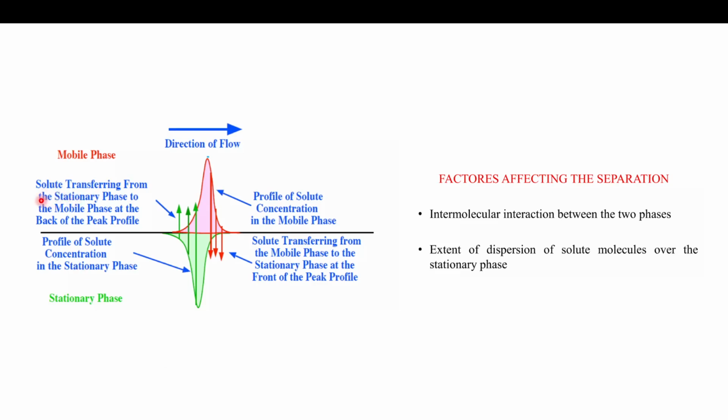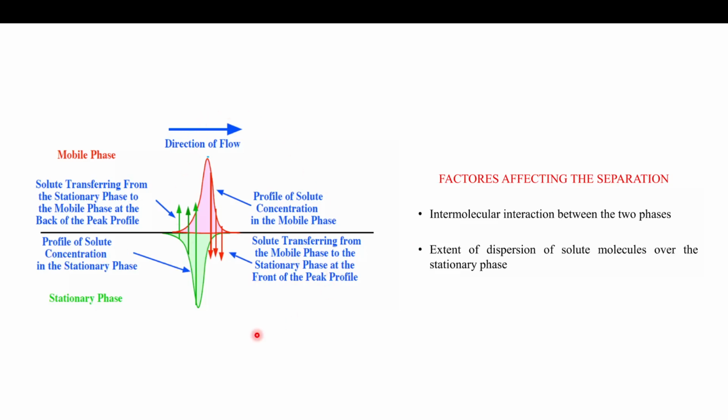The solute in the mobile phase slowly starts transferring from the stationary phase to the mobile phase at the back of the peak profile, and this is the profile of the solute concentration in the mobile phase. Also, the solute transfers from the mobile phase to the stationary phase at the front of the peak profile, and this is the solute concentration in the stationary phase.